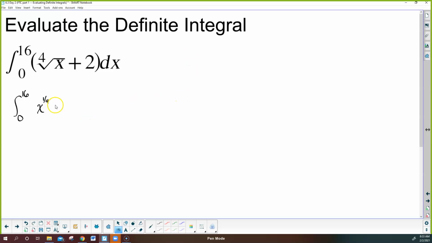So I'm just rewriting this because now I can actually apply the reverse power rule. So I want to take the antiderivative, which means we are going to add 1 to the exponent. Okay?